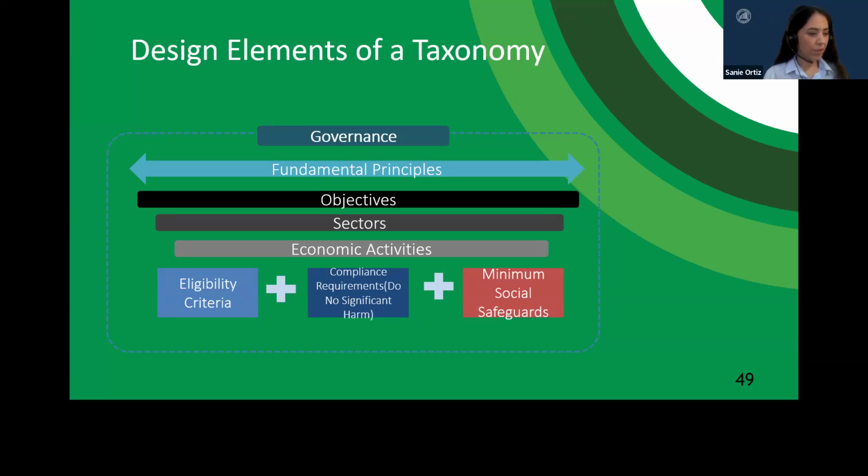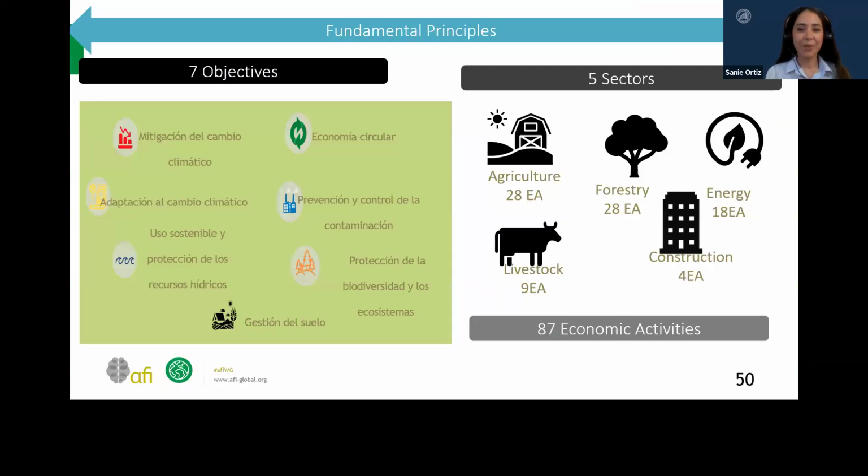So in the next slide, we present what we have selected. I just took notes that Mongolia selected 8 sectors, Bangladesh selected 14 sectors, but in the next slide we select 5 sectors and just 87 economic activities.